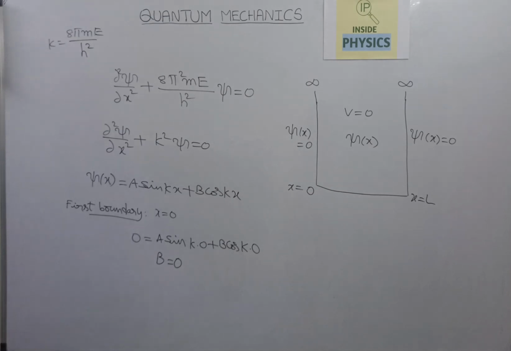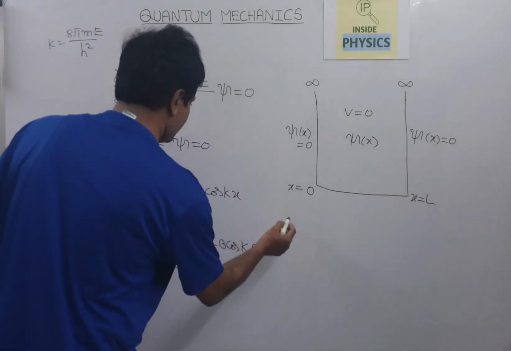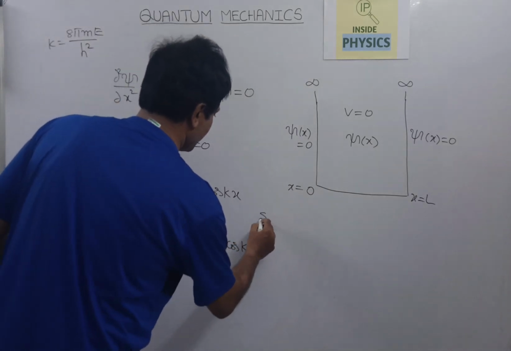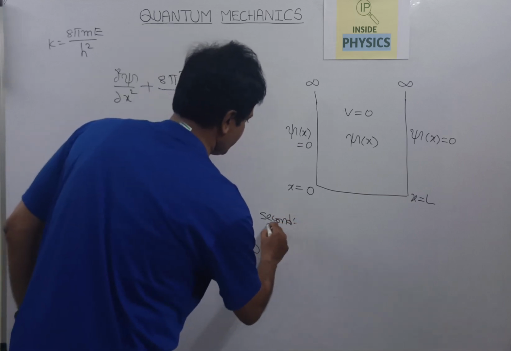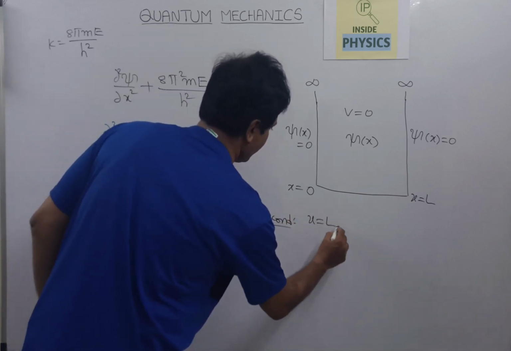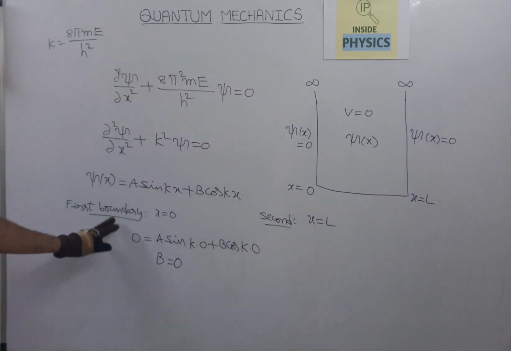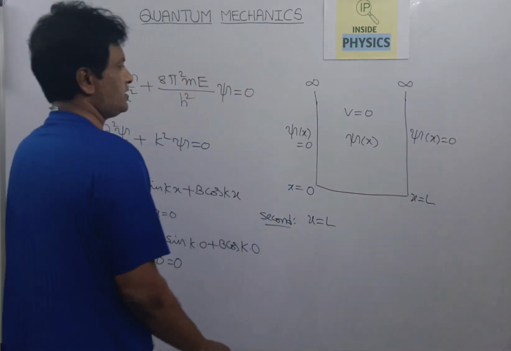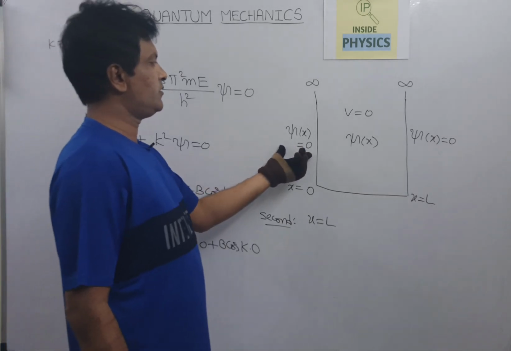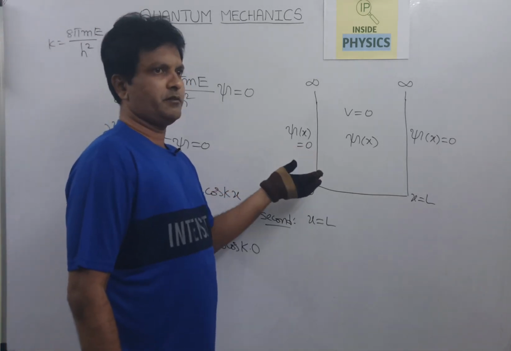The same thing we apply for the second boundary condition. What happens? The second boundary condition is x is equal to L. When you apply at x is equal to L also, psi of x is equal to 0. What is the meaning of psi of x is equal to 0? The wave function is becoming 0.